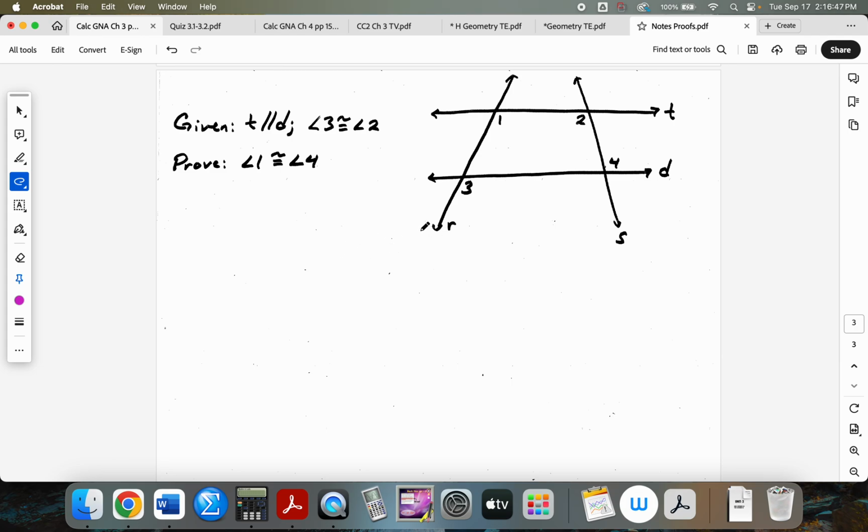So again, I'm going to start by drawing my two columns and labeling them. Yes, I do expect you to label your columns. The first column are the statements, and the second column is the reasons. My first statement is just to restate what was in the given.